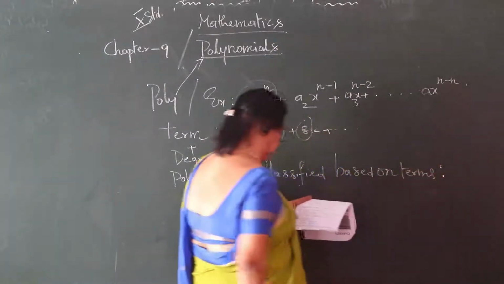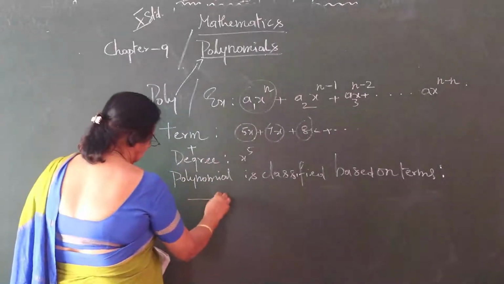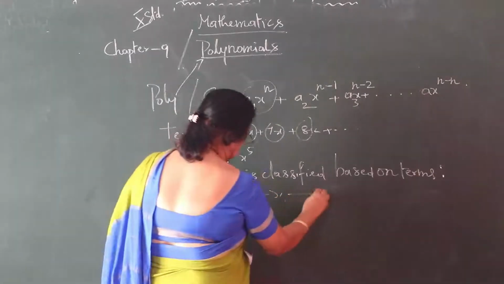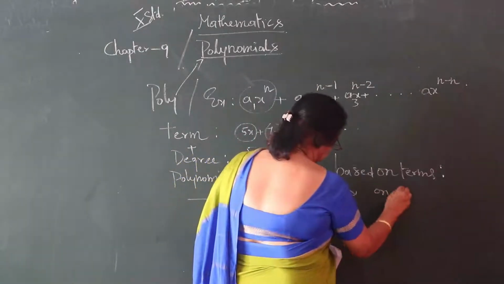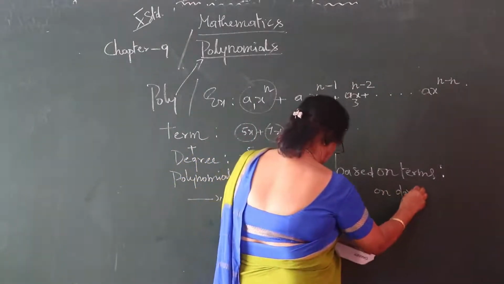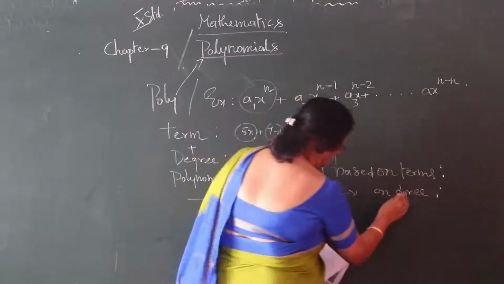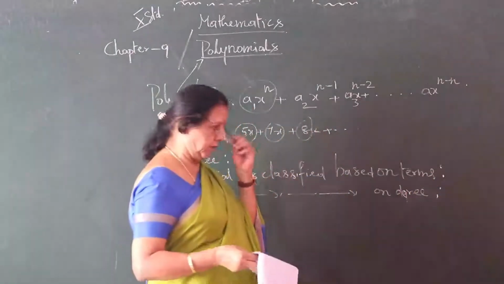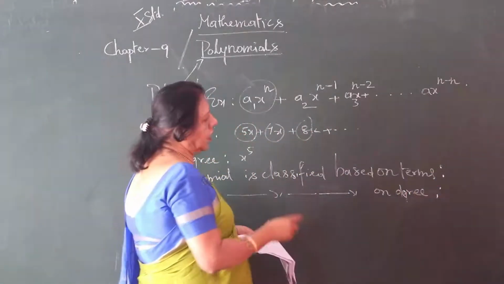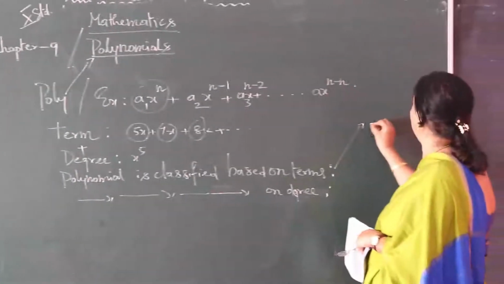Okay, this is one concept. The polynomial here is based on degree, and there are two classifications: based on degree and based on terms. Example, here you have learned terms. You have learned what is that?